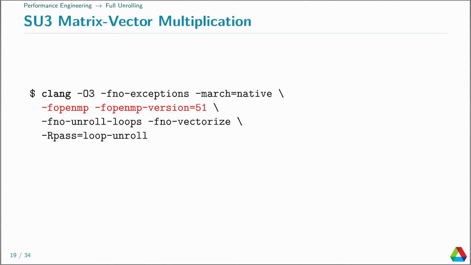To compile this, we're using this command line. The first flag I probably don't need to explain: -fopenmp is for enabling OpenMP compilation, and we also need to select the OpenMP version because loop transformations are new in OpenMP 5.1, and the default OpenMP version is OpenMP 5. So we need to explicitly enable this. Then we also disable the native loop unroller and loop vectorizer in LLVM to not interfere with what we specified.